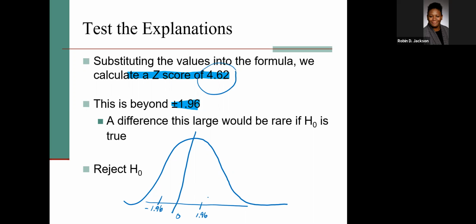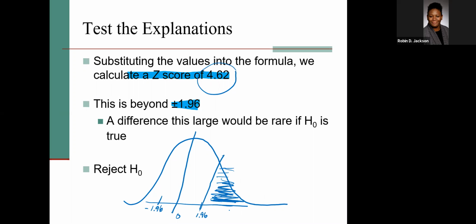Anything that falls over here, this is your critical region. So anything that falls over here lets you know that there's a 0.05 chance. This is where we want things to be.